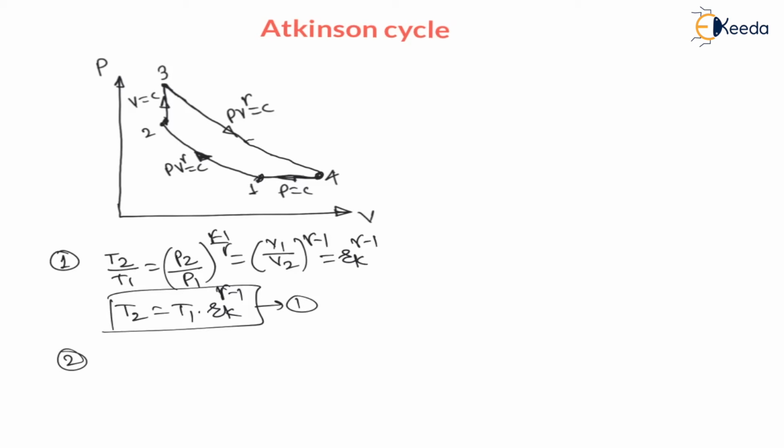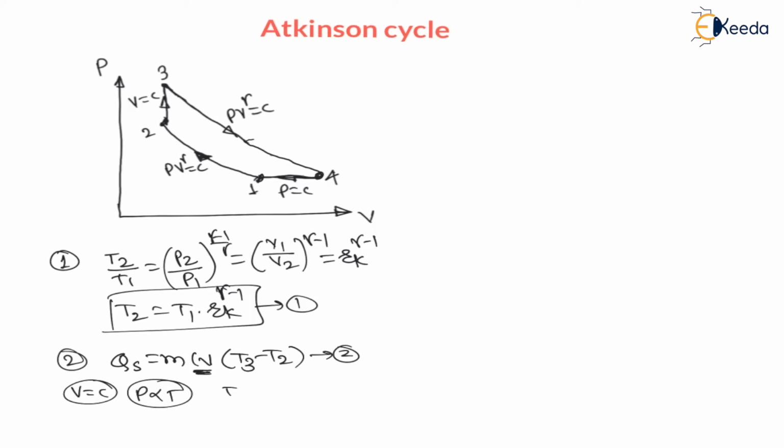Now the second process, that is process 2 to 3, is a constant volume process. For this process, at constant volume, heat supplied is equal to m Cv, specific heat at constant volume, into the temperature difference, that is T3 minus T2. This is the heat supply during the process. Let us say equation number 2. And for constant volume, pressure is directly proportional to temperature.